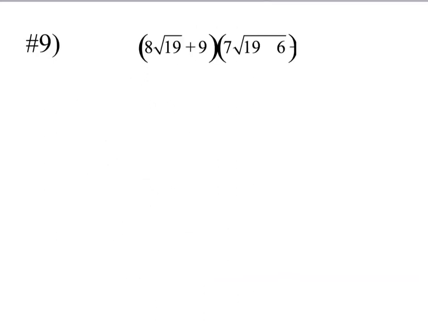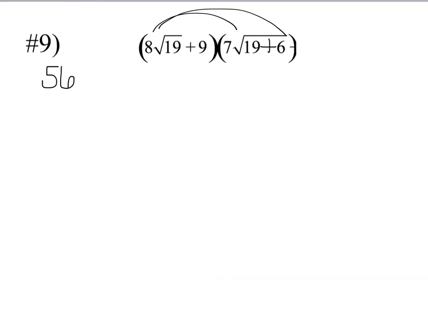Okay, here I have 8 square root of 19 plus 9 times 7 square root of 19 plus 6. So let's write our little plus there. Okay, so we're going to distribute 8 square root of 19 times both pieces of the second binomial.